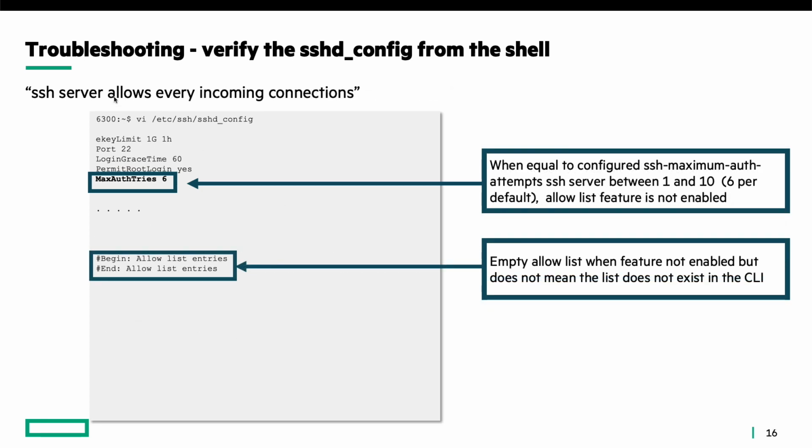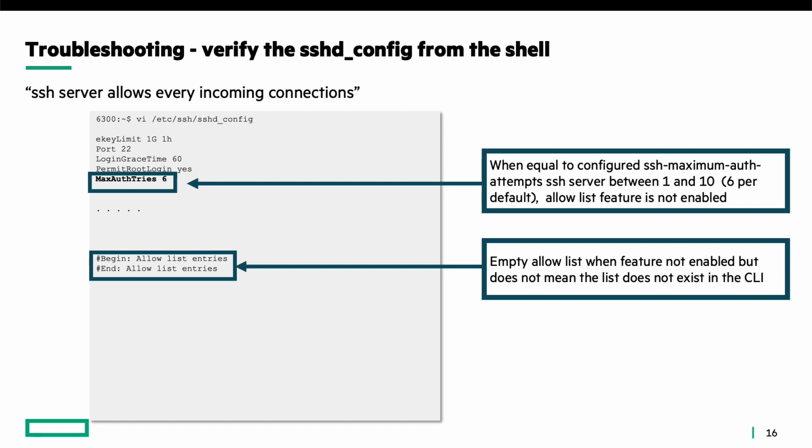Now, another situation: I said the SSH server allows every incoming connection. We can see here the maximum authentication attempts is equal to the default at the top, and the allow list entries is empty. So it's empty in the SSH config file, but it doesn't mean it is empty in the CLI. It can still be present in the CLI, as I showed before.